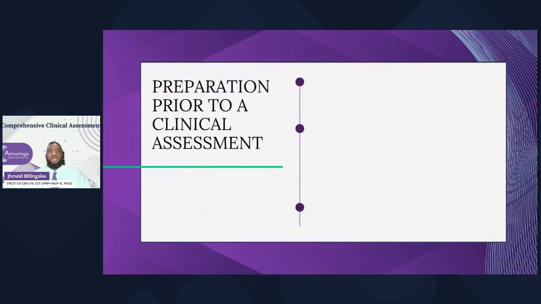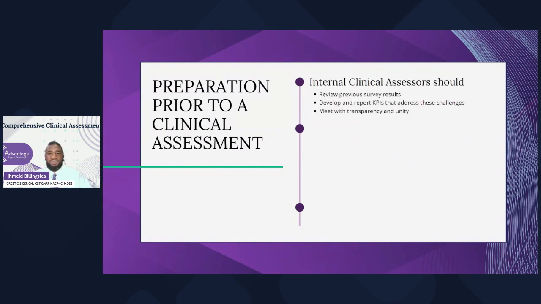All right. So let's talk about preparation prior to a clinical assessment, right? The internal clinical assessor should review previous survey results. There's nothing sadder than when an organization takes a conditional finding that really puts their accreditation status in jeopardy, and it's the same finding from the last accreditation visit.